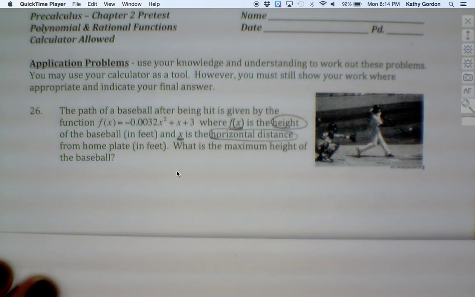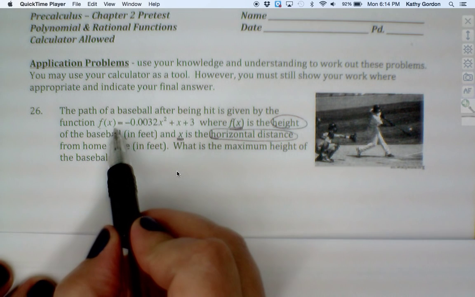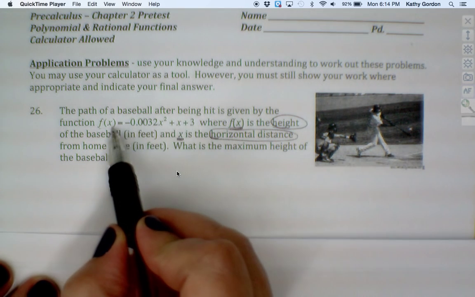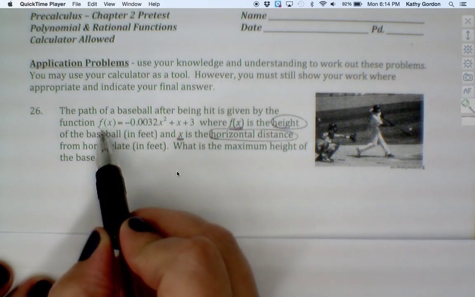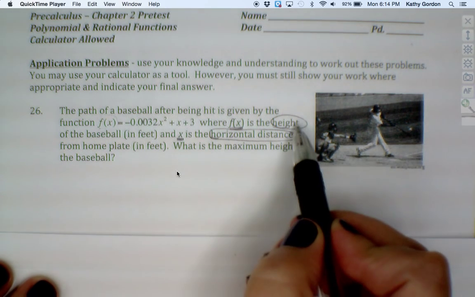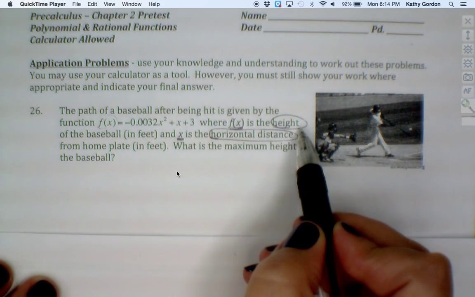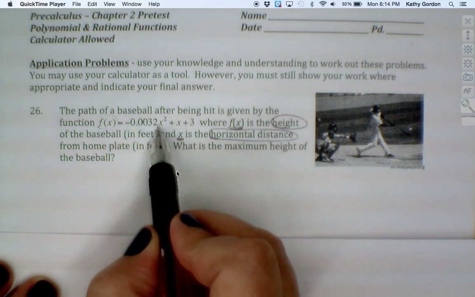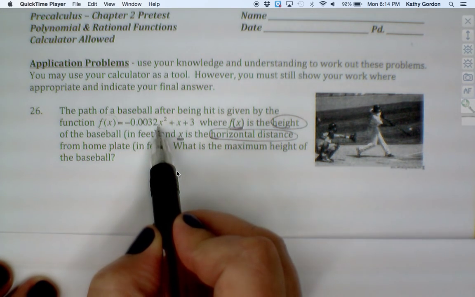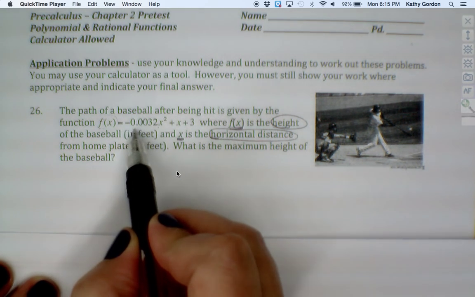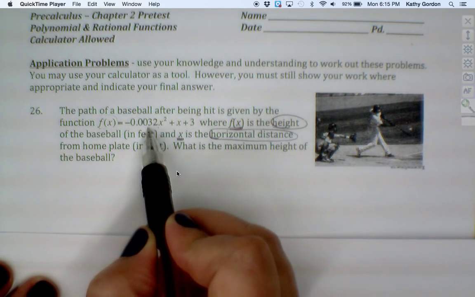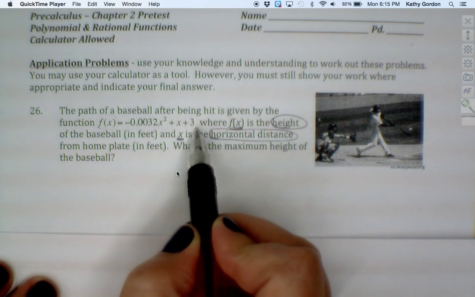And then we have this equation that tells us how those two things are related. So f of x, the height of the ball, is related to how far away from home plate you are by the equation negative 0.0032x squared plus x plus 3.